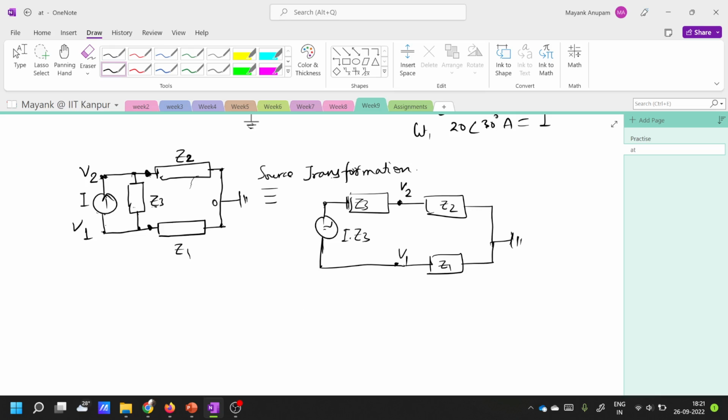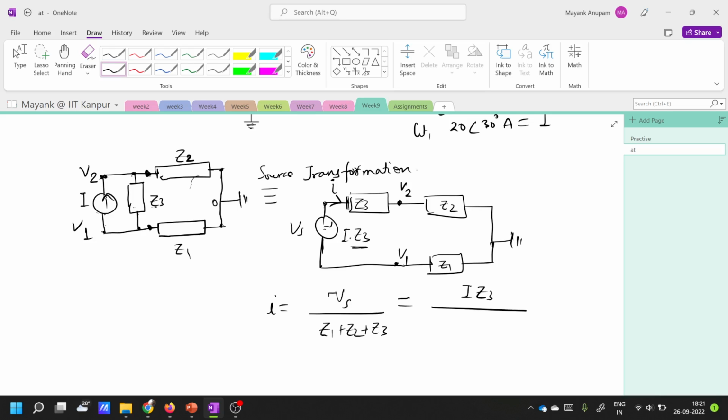So first we need to find out what this current is. What is I? I is equal to this voltage source Vs divided by Z1 plus Z2 plus Z3. And what is Vs? Vs is equal to I times Z3, right?